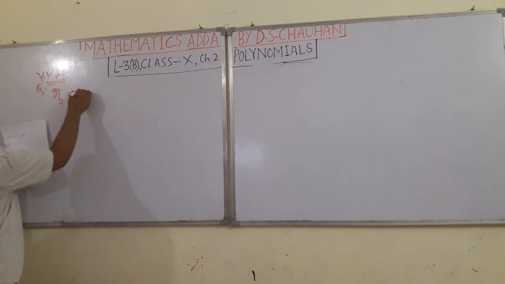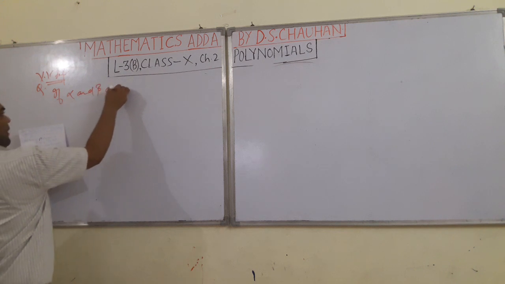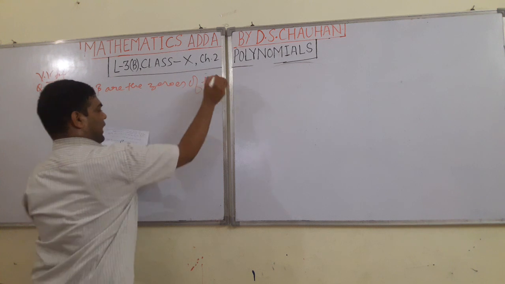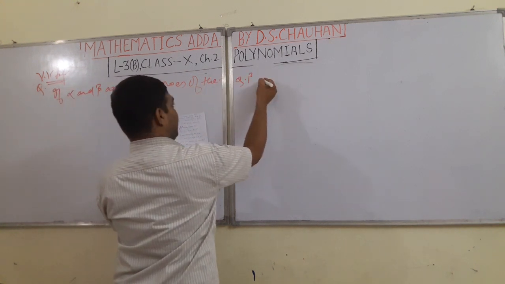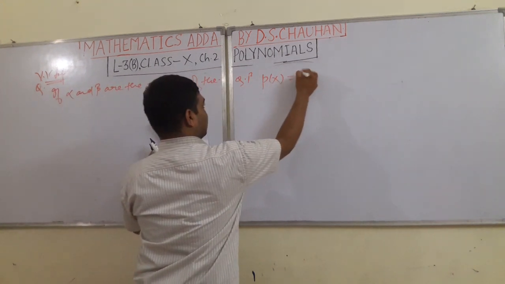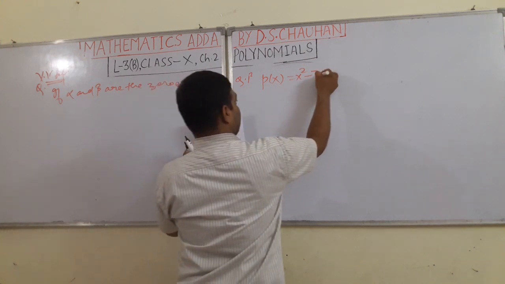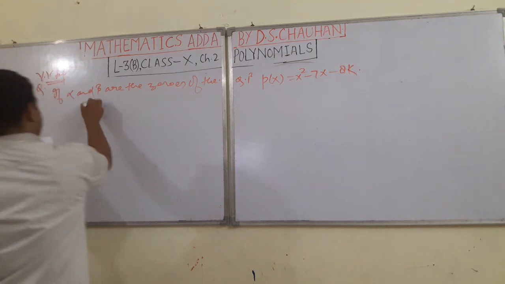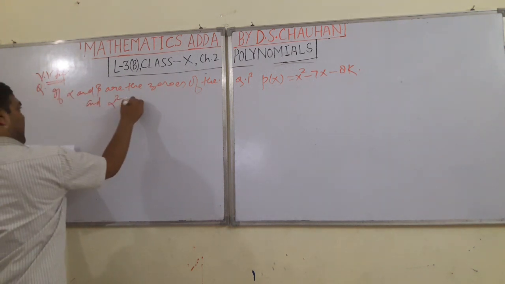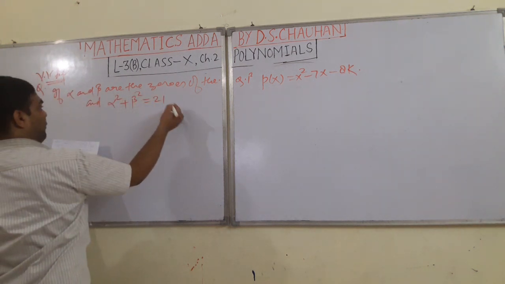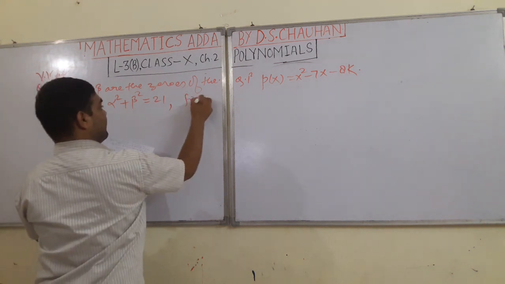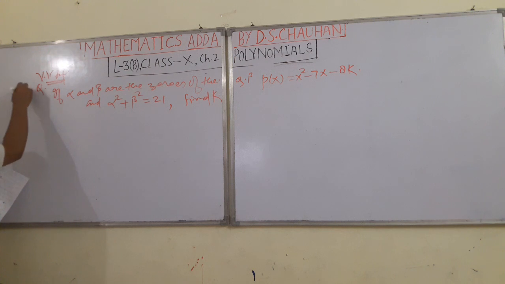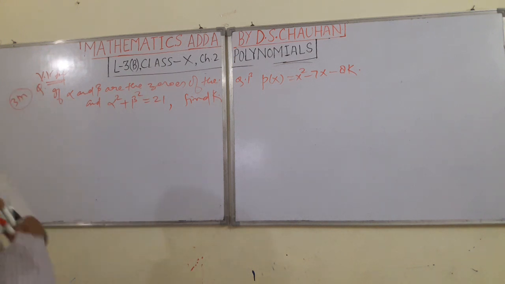If alpha and beta are the zeros of the quadratic polynomial p(x) = x square minus 7x minus 8k, and alpha square plus beta square equal to 21, find k. Very important question for 3 marks. See how to do. Very easy.